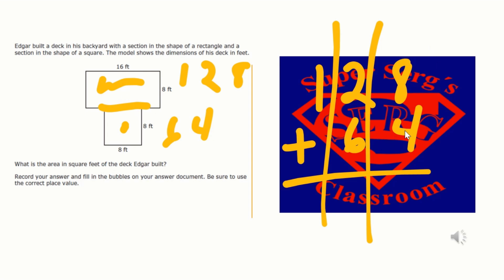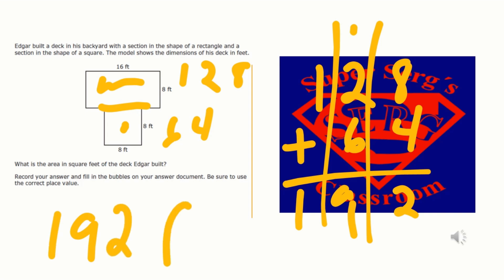So 8 plus 4 is what? 12. Carry the 1. 1 and 2 is 3. 3 and 6 is 9. And 1 plus nothing is just 1. Oh, sorry, I drew the 9 before. So the area of this deck would be 192 feet.